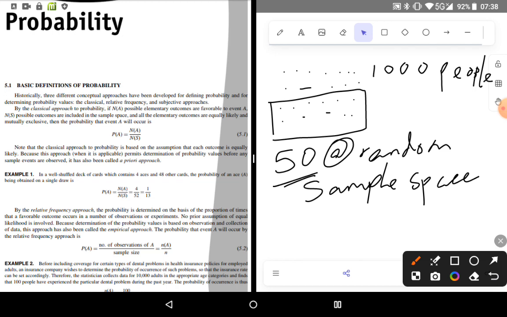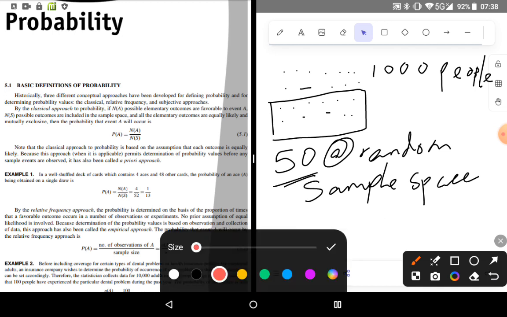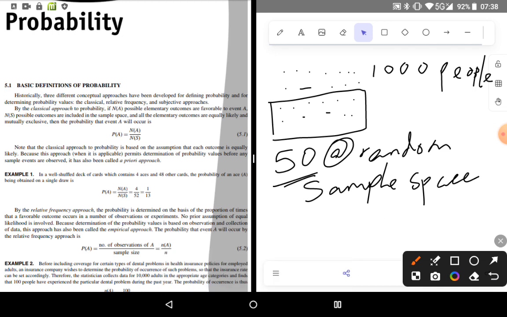So continuing with this, that is the sample space. So the event of me choosing, let's say for instance, I choose this one while closing my eyes. What is the probability that that person that I choose will be a boy?